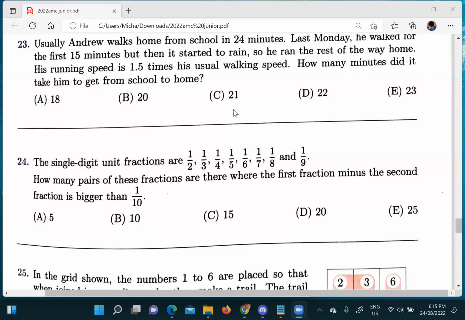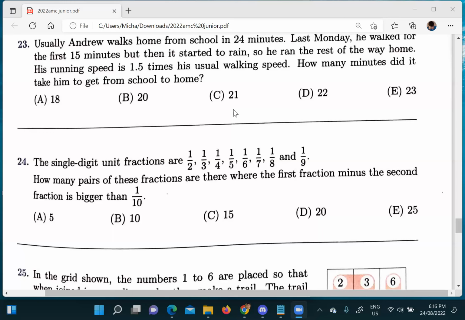So how many of those pairs, when you subtract them, is bigger than 1 over 10? By the way, how many pairs are there, do you know? How many pairs altogether?